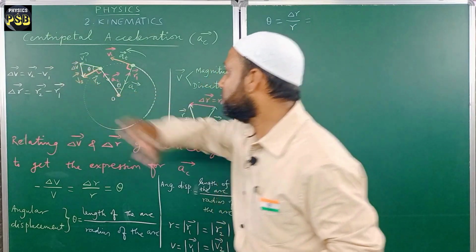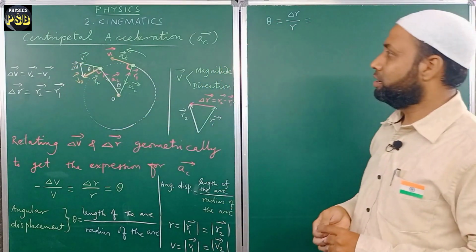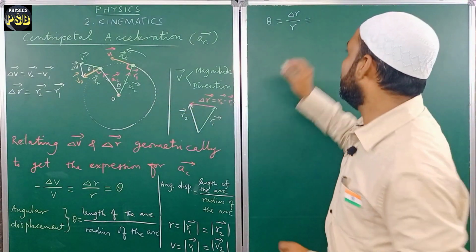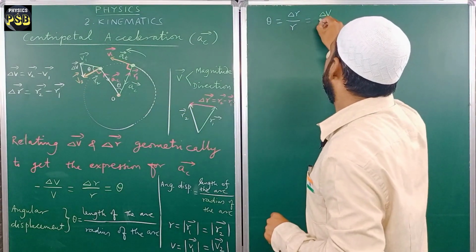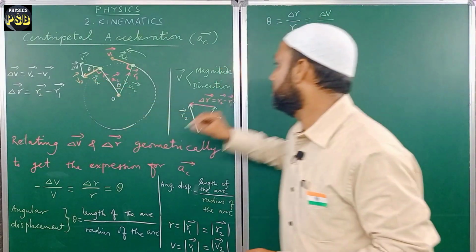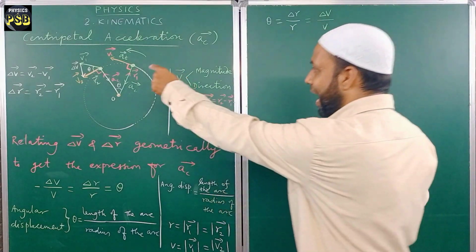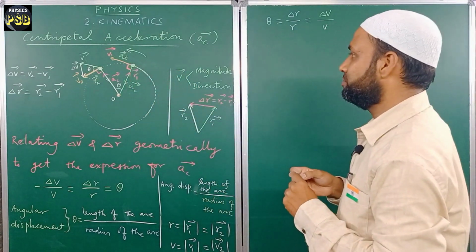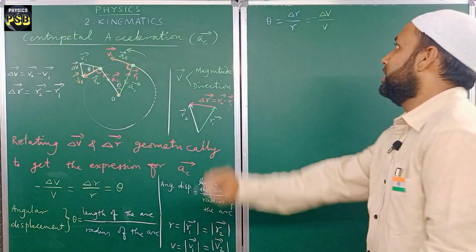I take another geometrical diagram. There the length of the arc is delta v, and the radius of the arc, according to this one, is v. And here, as it acts towards the center, use a minus sign.